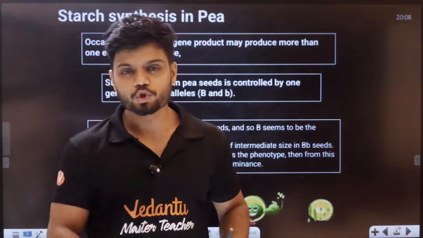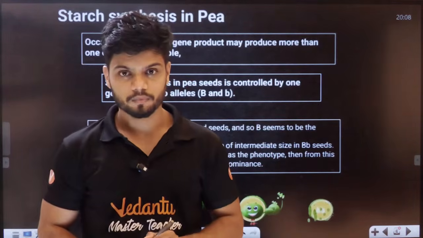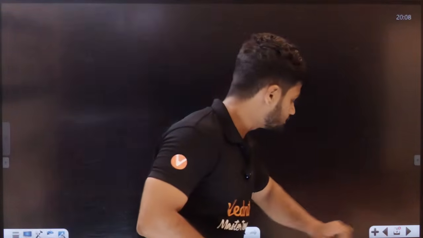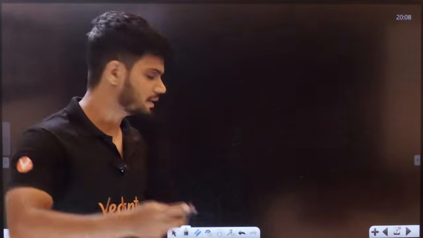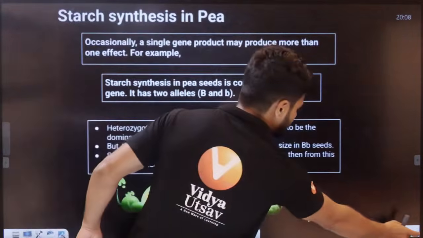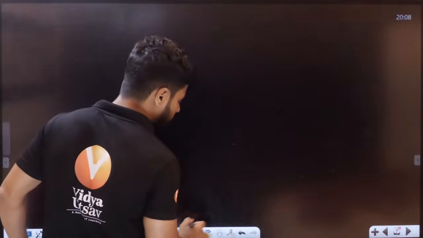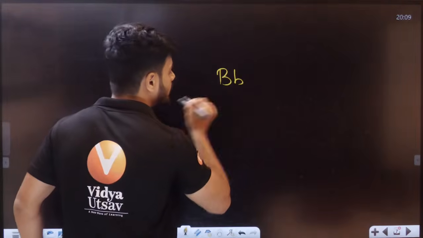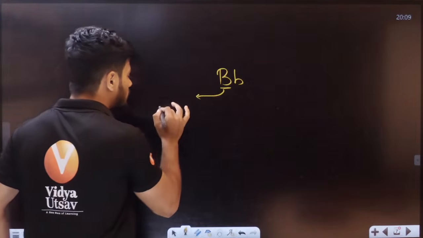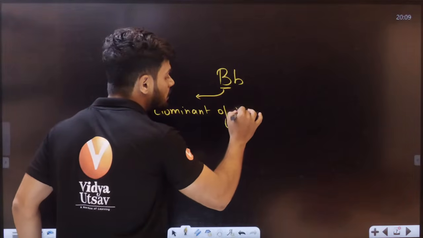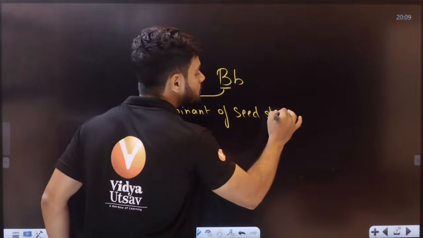Yes or no? So with that in mind right now, all of you know the concept of dominance. Let's say students, there is an allele here. Let's say here we have capital B and small b right here. Now this capital B is dominant for seed shape.